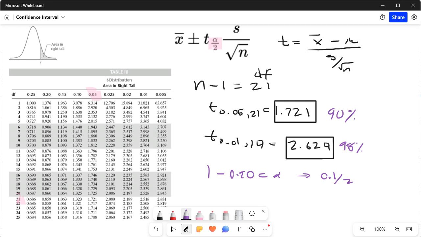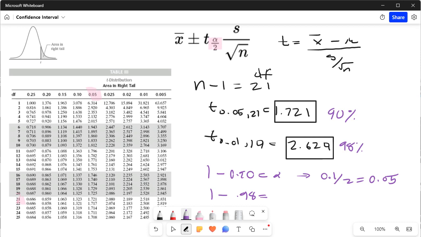Then dividing that by 2, that's where you get the 0.05. And then similarly, 1 minus 0.98, the confidence level, equals alpha in either case.